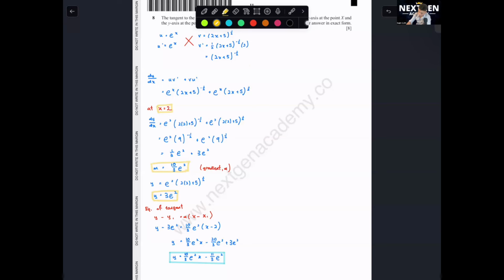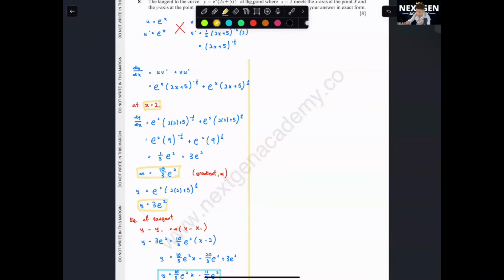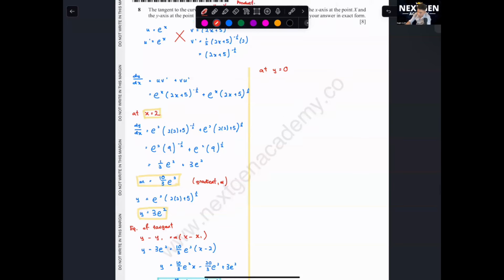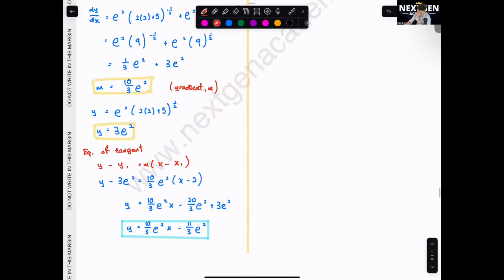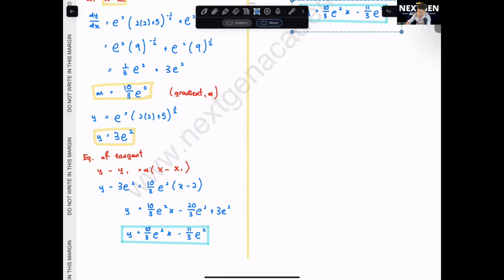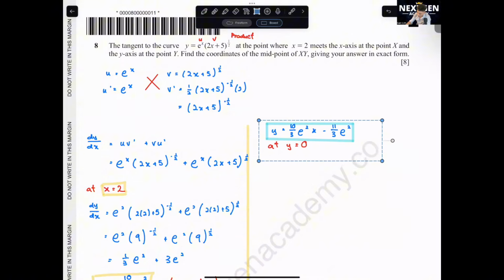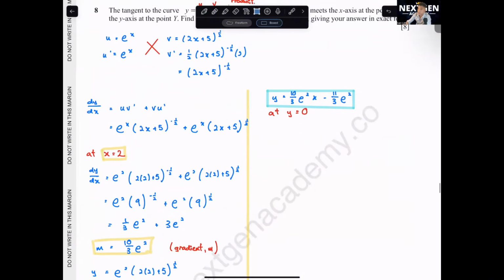Okay, now what are we going to do? We need to find our x and y, which is our x-intercept and y-intercept. So we're going to substitute y equals 0 and then x equals 0. We're going to use this equation here. I just bring it up. We put this equation and y equals 0.